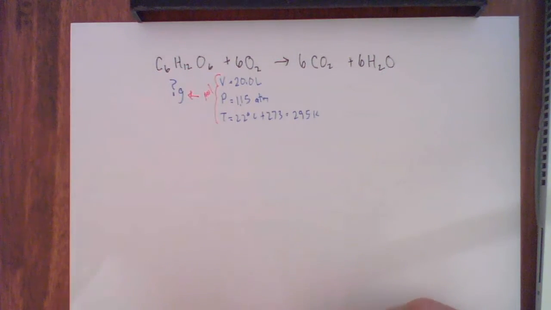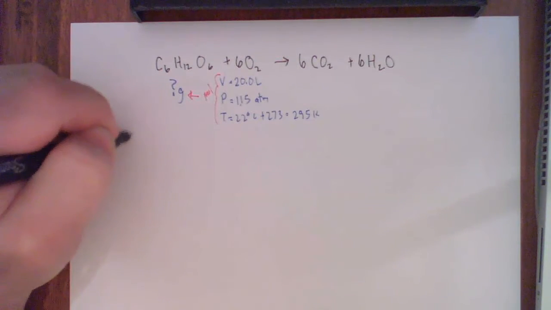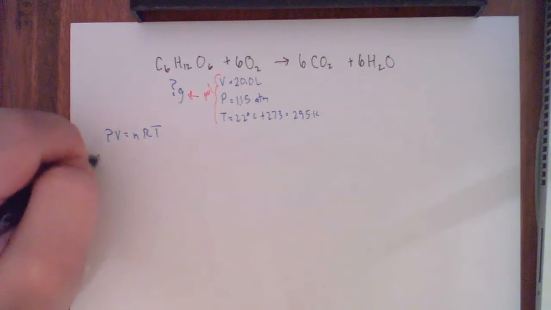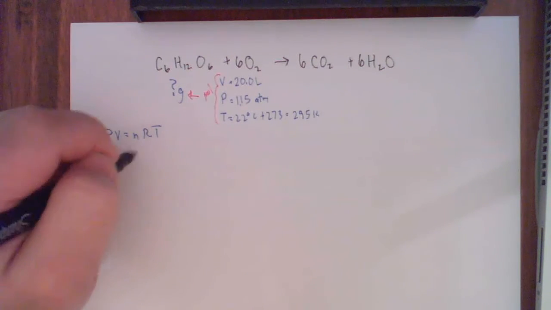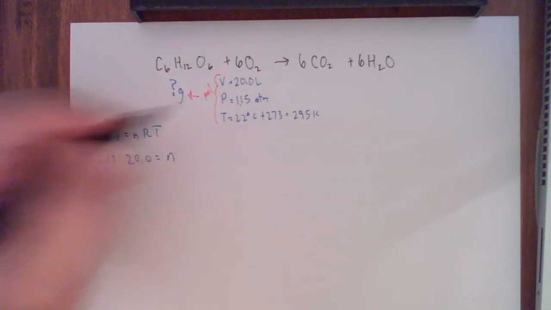So let's first do that step where we're going to just do our ideal gas law. So we'll set this up with PV equals nRT. I know my P is 1.15. My volume was 20. The N is what I'm now looking for.